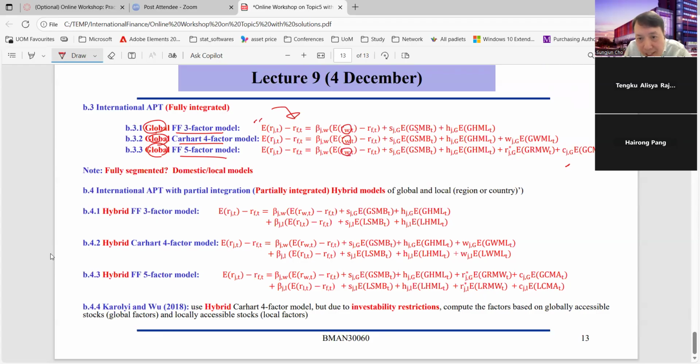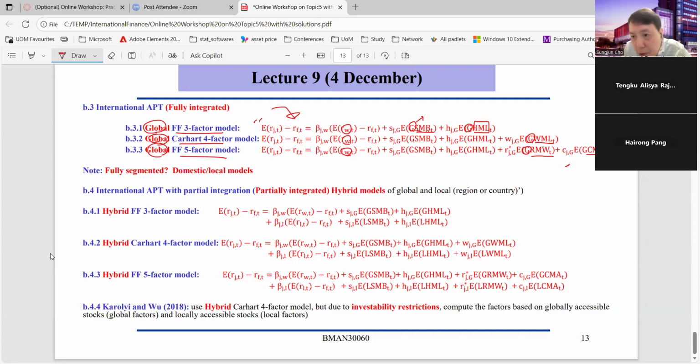Instead of using SMB for, for example, the US stock market, now I put G. G means global, which means when you compute SMB, you use global stocks, not one country's stocks. When you compute HML, you use global stocks. When you compute winner minus loser, you use global stocks. When you compute RMW, you use global stocks.